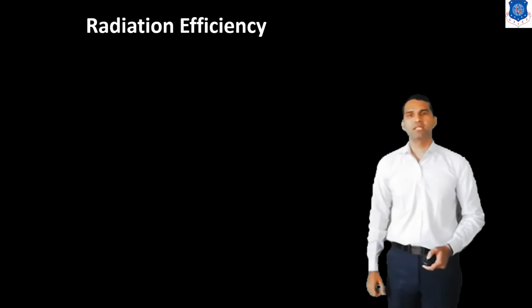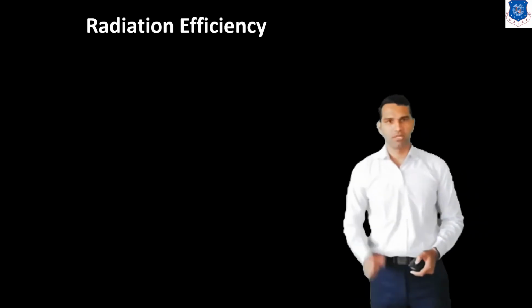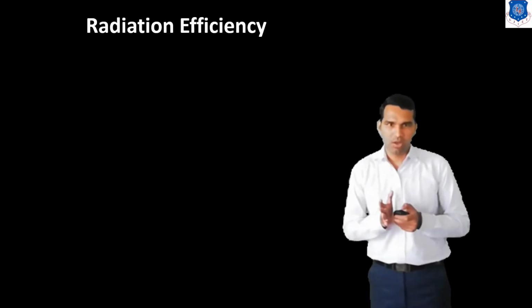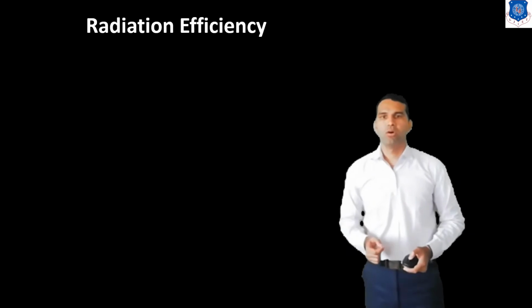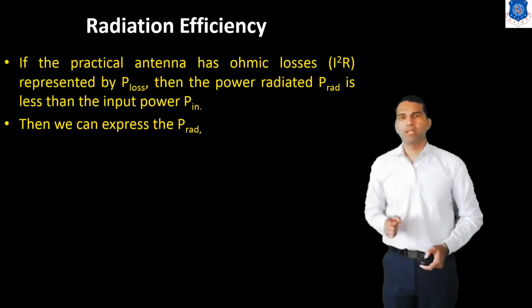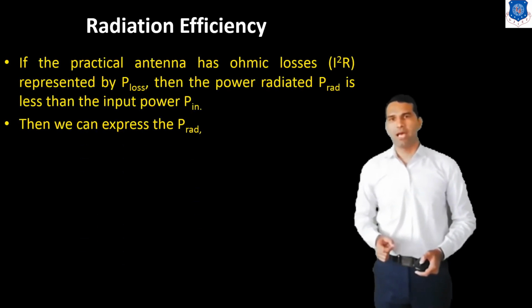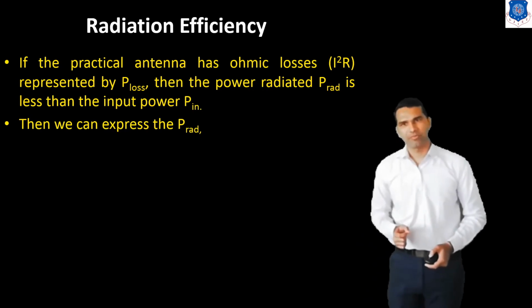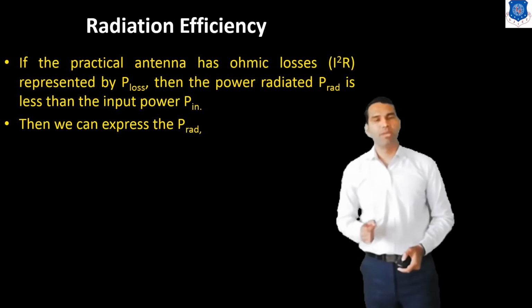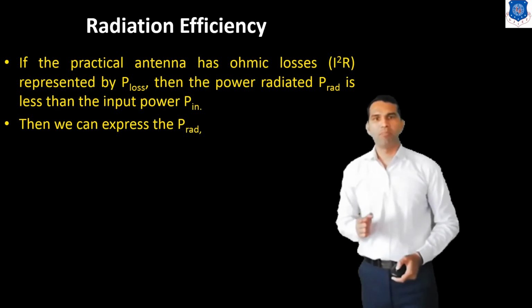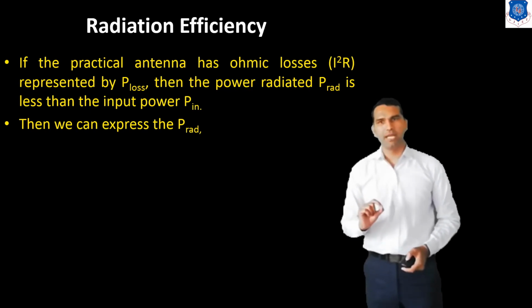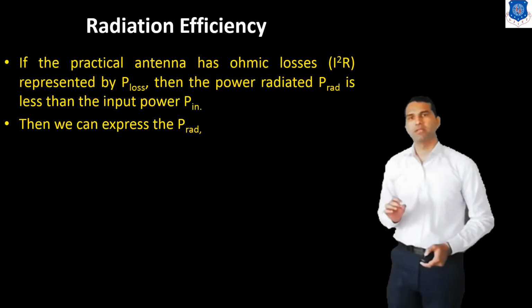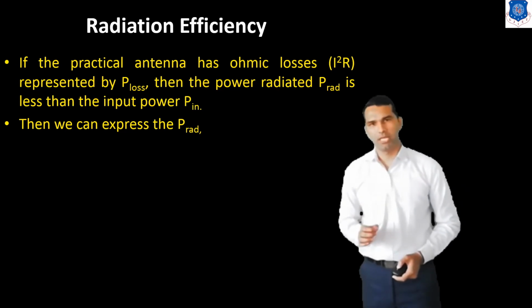Now next we discuss the radiation efficiency. If a practical antenna has ohmic loss I squared R, represented by P loss, then the power radiated, P radiate, is less than the input power P in.